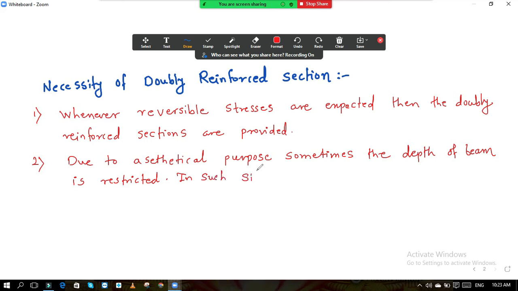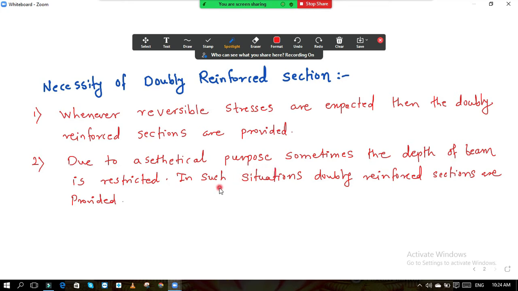In such situations doubly reinforced sections are provided. So what is the meaning of this? Due to the aesthetical purpose, sometimes the depth of the beam is restricted.